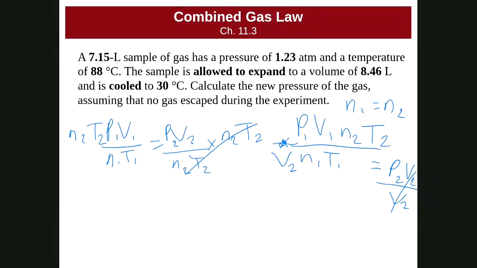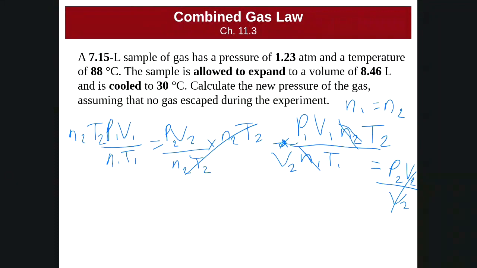So we can see here that P1 times V1 times N2 times T2 divided by V2 divided by N1 divided by T1 is going to be equal to our second pressure that we're looking for. But because N1 and N2 are equal to each other, they cancel each other out. One's on top, one's on the bottom. So that's why we don't need to worry about the number of moles.